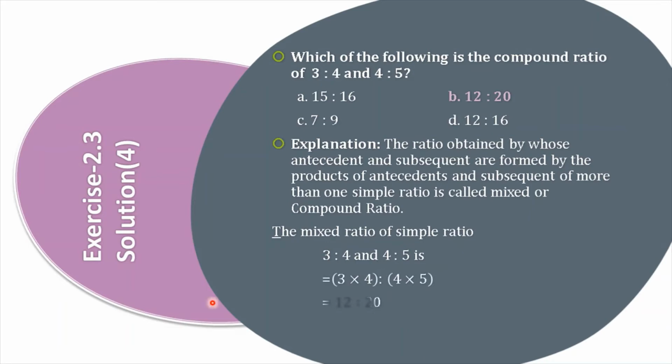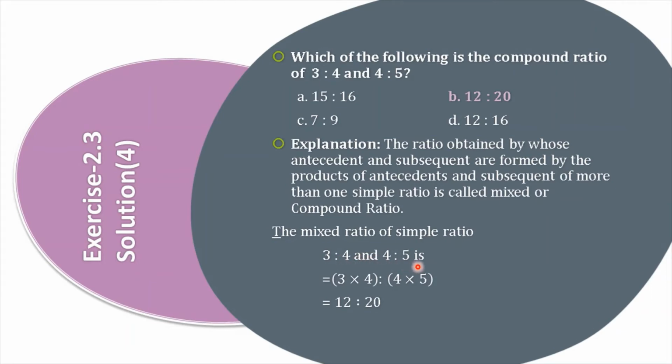3 multiplied by 4, because antecedent multiply with antecedent and subsequent multiply by subsequent, that means 4 multiplied by 5. 3 multiplied by 4, that would be 12, is to 4 multiplied by 5, that would be 20. So if we want to find mixed or compound ratio, we have to multiply antecedent with the antecedent, subsequent with the subsequent.